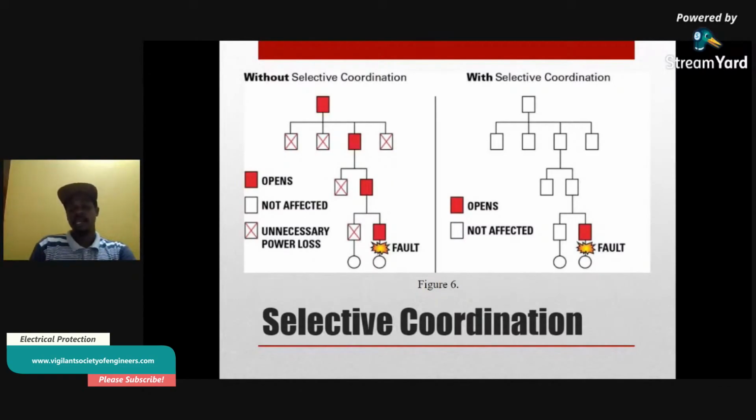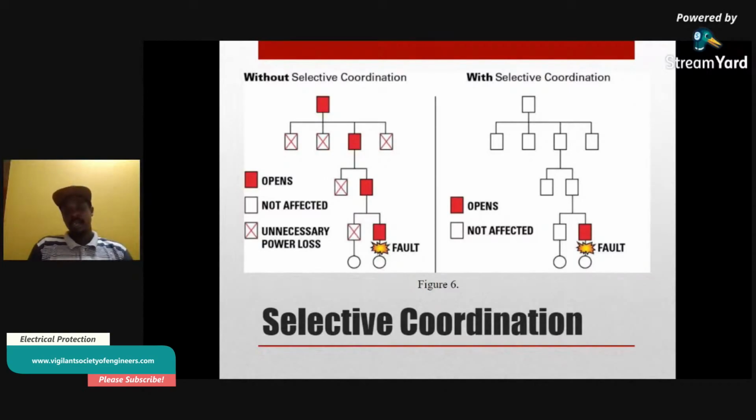So we have to selectively place our breaker and protection device in various locations so as to prevent a cascade of all the circuits opening or rather breaking down, right?